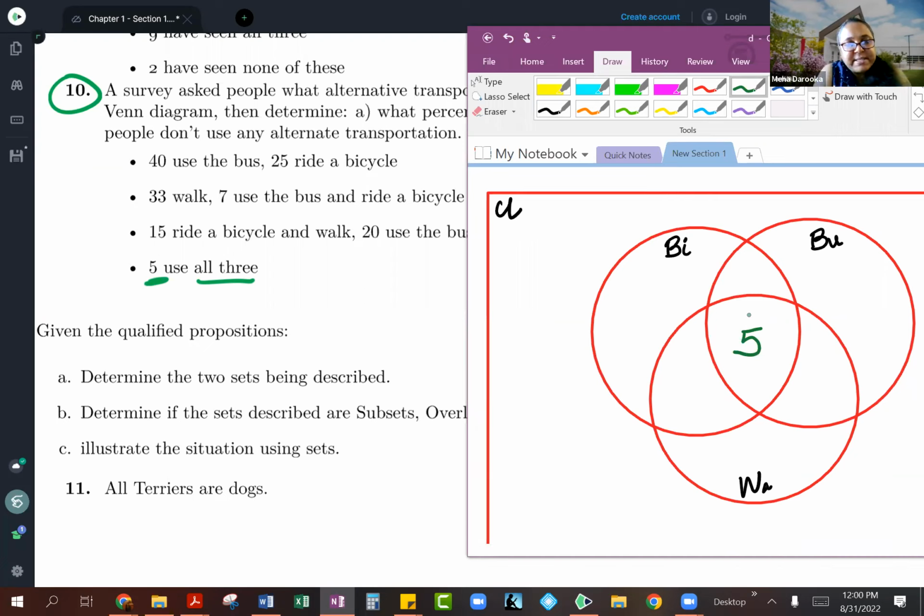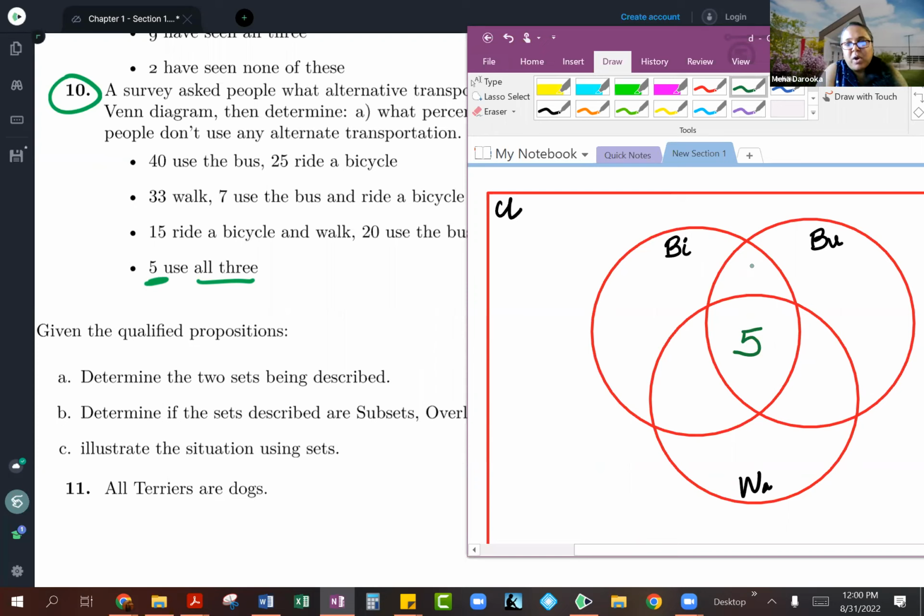So in questions like these, where they don't give you the only bus or only bicycle, only walking, start with the intersections first. And in this case, since we have 3 circles, start with the all 3 first. Then you are going to do the intersections between walking and bicycle, walking and bus, bicycle and bus. So you're kind of working from the inside and making your way outside.